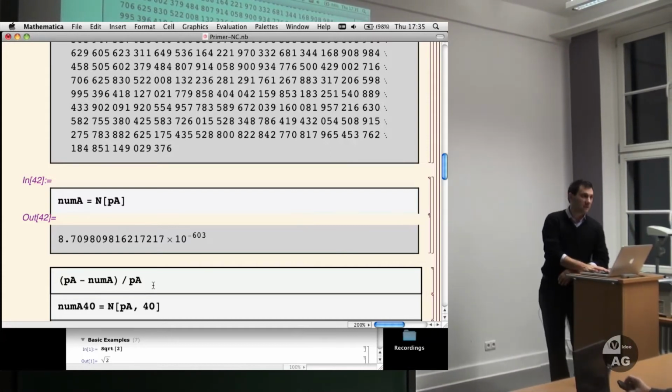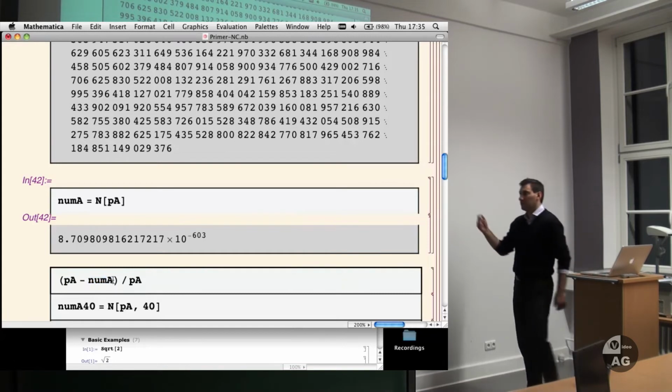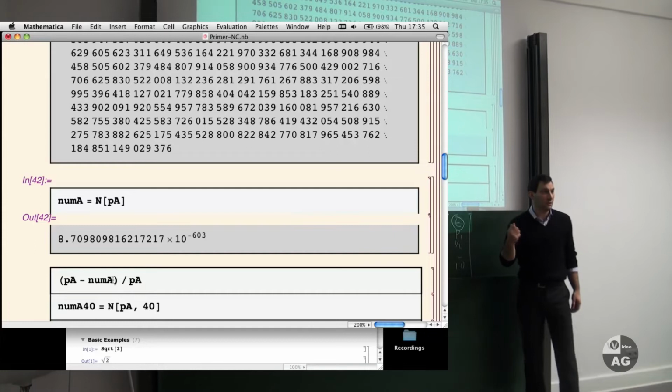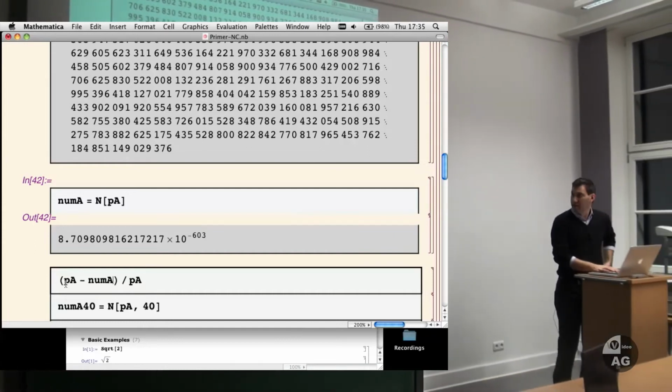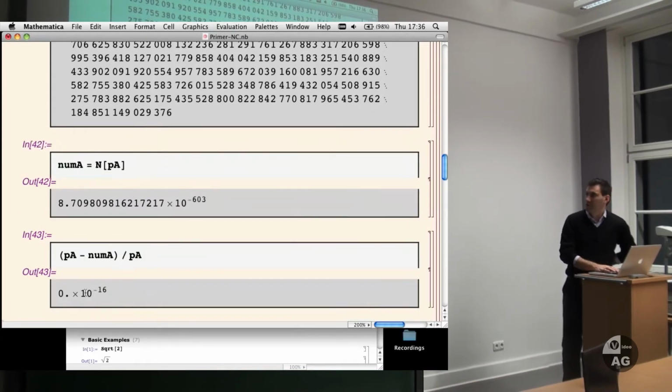So it will be something of the order of 10 to the minus 16. Why? PA is an exact number, no approximation done, but num A is something that is represented in floating point arithmetic, so with our 16 digits. Then the difference will be something of that order.